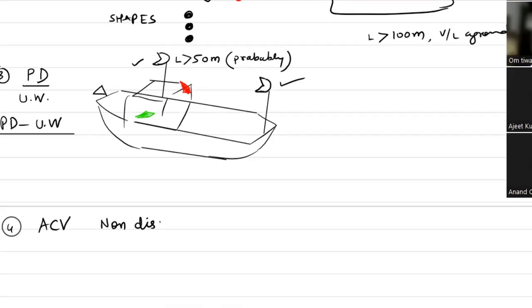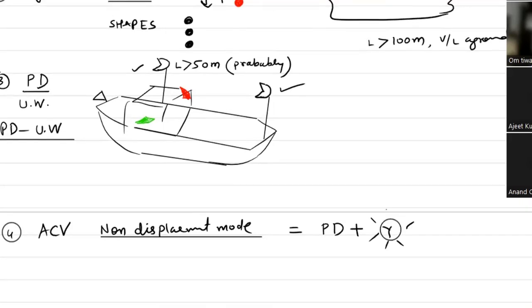But if it is in non-displacement mode, that means it is not displacing water. It is just running on the surface at high speed because of the blower. So ACV is nothing but power-driven vessel lights plus a yellow flashing light. All right. Is it clear now? Yes, sir.